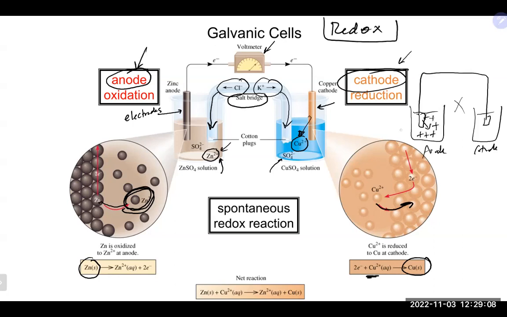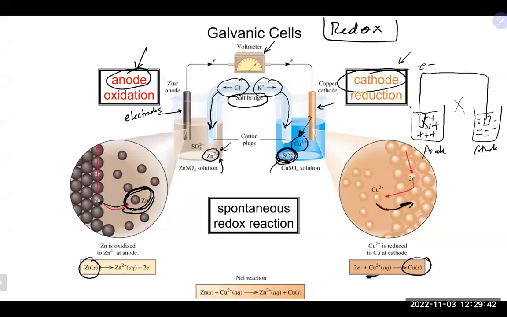And as those electrons go to the other side, the spectator ion that was in that solution is going to be pretty much the only guy left on that side, because all the positive guys are going to jump out of solution, and you will build up a negative charge on this side if you didn't have the salt bridge. Why would building up a negative charge on the cathode side and a positive charge on the anode side be a bad thing if you want electrons to go to the cathode?